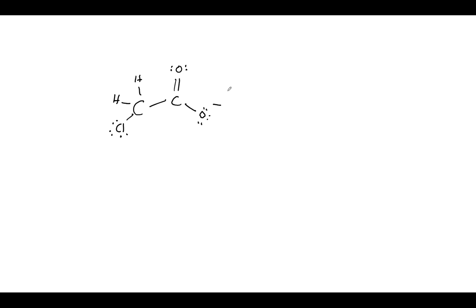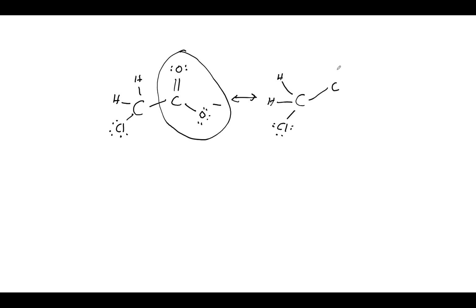And here's the thing, we're focusing in on this COO region, all right? And it turns out we can draw a resonance structure here, right? That is equivalent in energy to the first structure because it's essentially the same thing, right? Just sort of mirrored with respect to which oxygen receives the double bond.